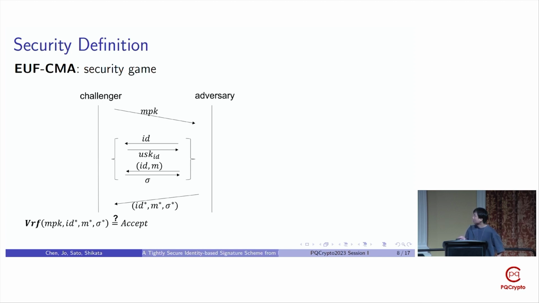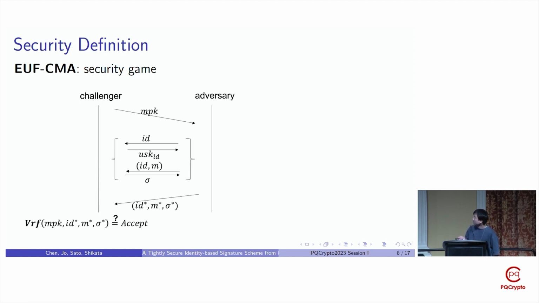In the sign oracle, when a pair of ID and M is queried, a corresponding signature is returned to the adversary. Finally, if the adversary can generate a verifiable tuple ID star, M star, and sigma star, then we say the adversary wins the game. And if the advantage for any polynomial time adversary to win the security game is negligible, we say the IBS is EUF-CMA secure.